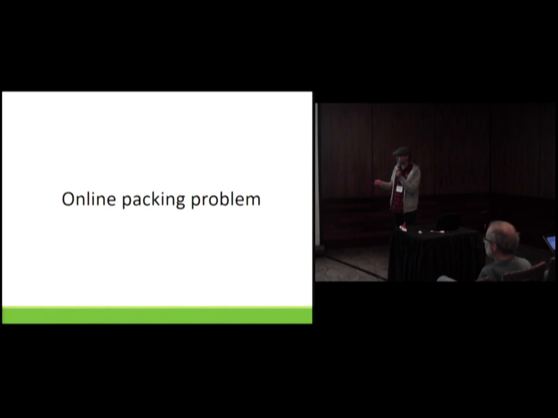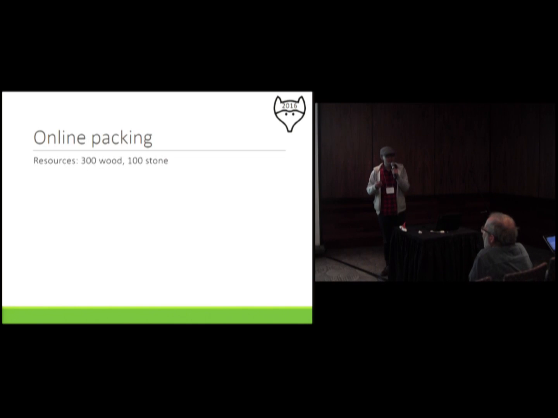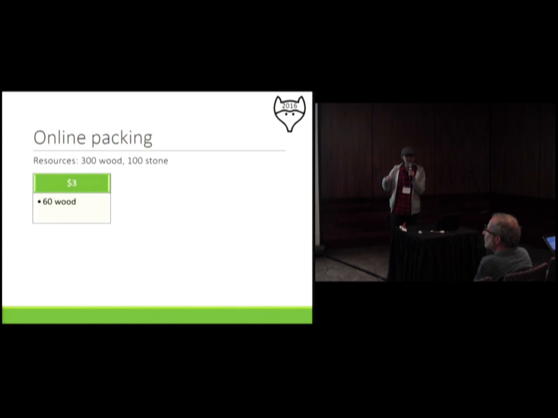Next, we are going to talk about the online packing one. Suppose you are the manager of a factory. You have some resources and you want to earn money by producing some products. When the first product becomes available, you need to decide immediately how many of this product you want to produce.